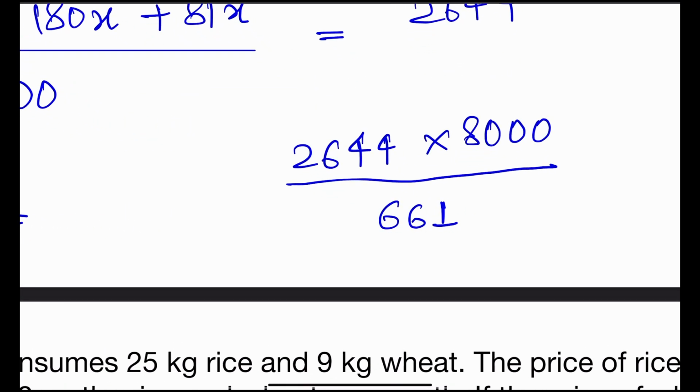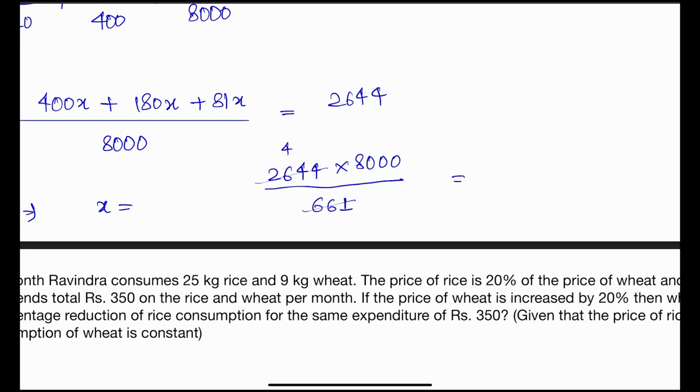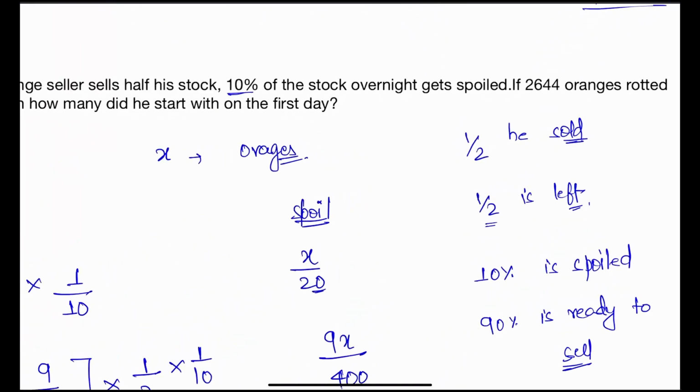So 4 times it will deduct, and it will be 32,000 oranges. So the answer of this one is 32,000.